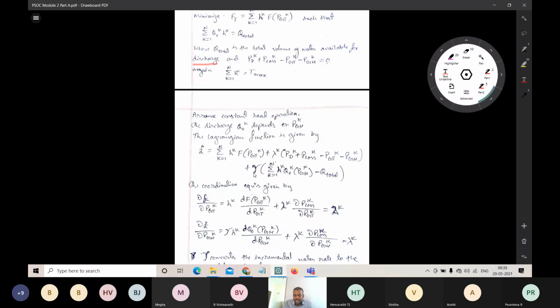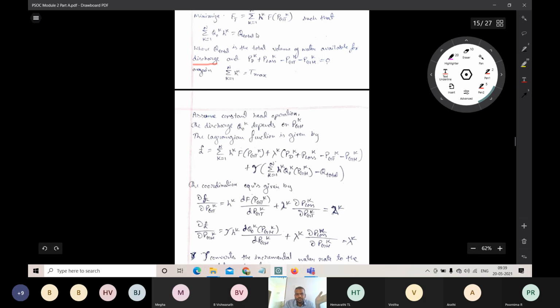Gamma converts the incremental water rate to the incremental plant cost. So this will be given by gamma into the amount of water that is flowing out for production in the hydel. That is gamma into sigma k equals 1 to n hk q naught k PGHk minus total.